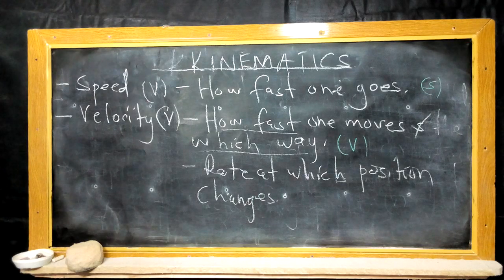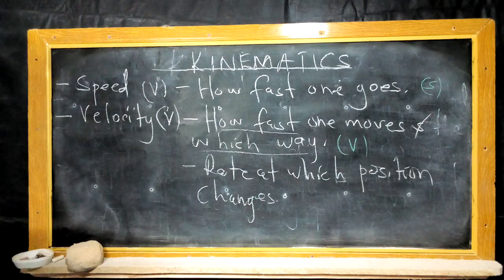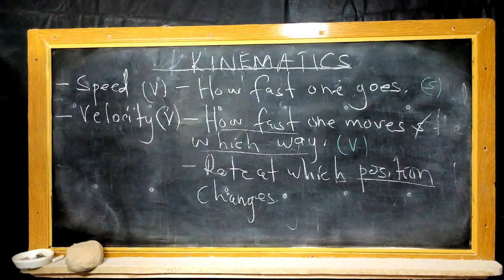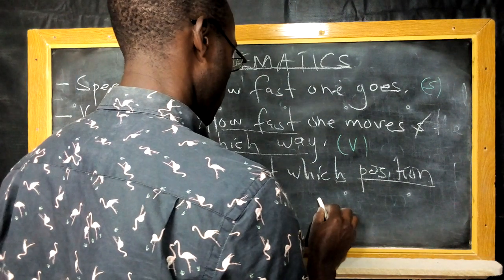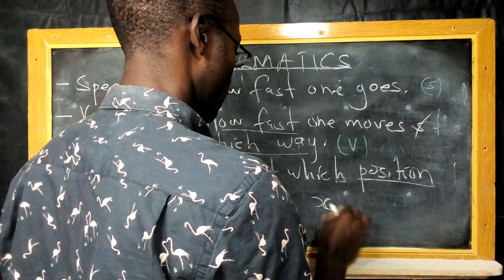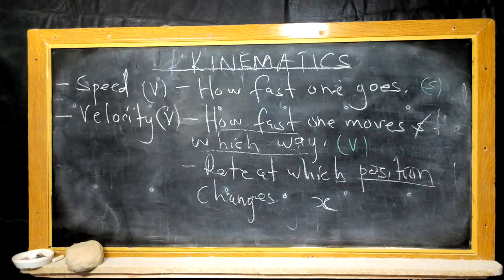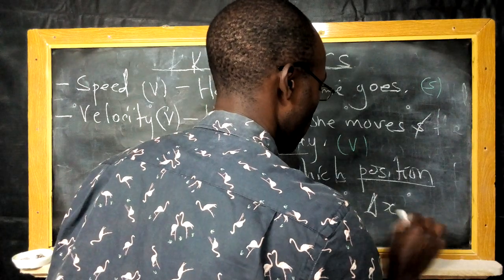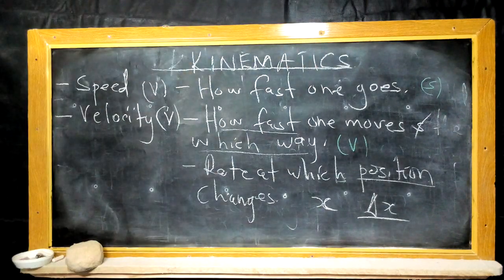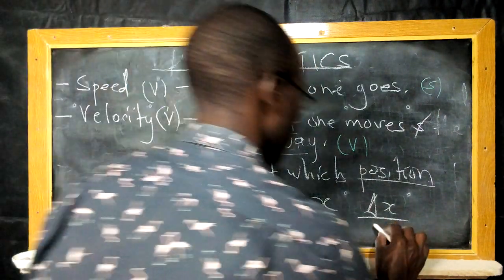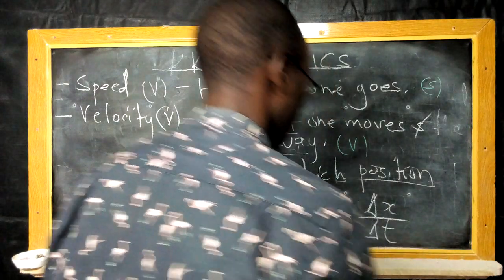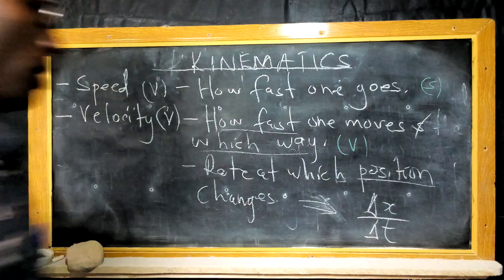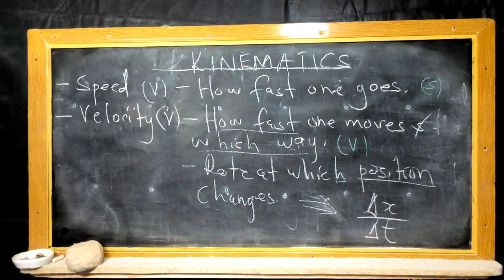So we talked about position that we denoted as x. Because of the aspect of change, we give it delta x over delta t. The rate implies the change in displacement over time.